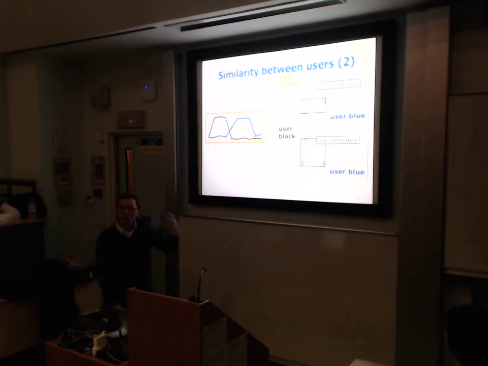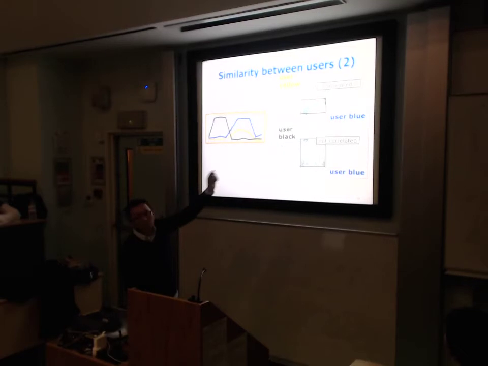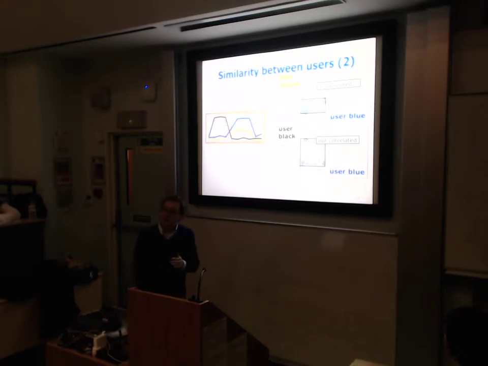If I rate higher for a certain movie, the other person would rate higher for that movie too. If the yellow user rates low, the blue user is also going to rate low. That means it's perfectly correlated, isn't it?